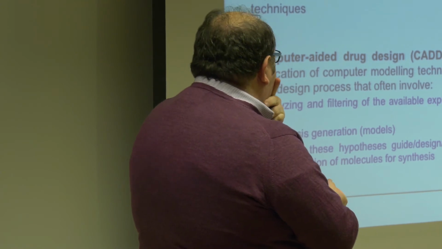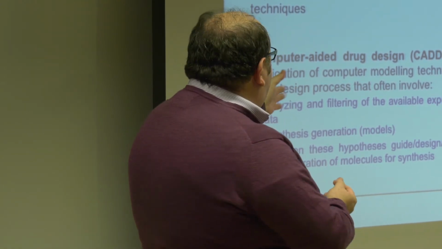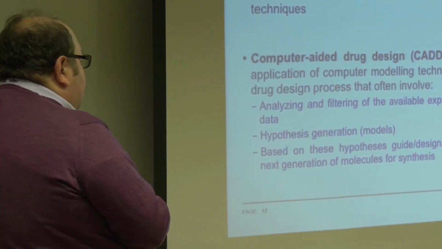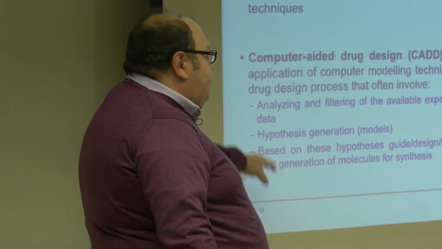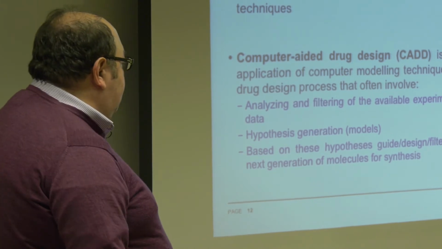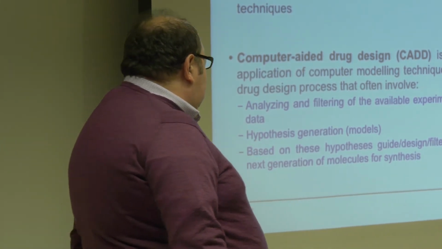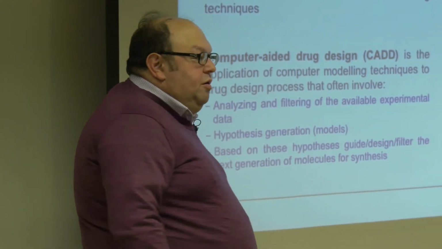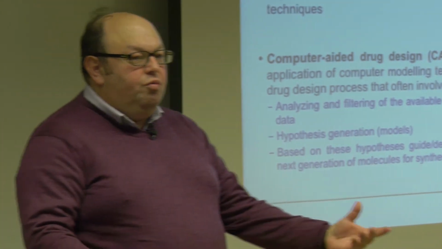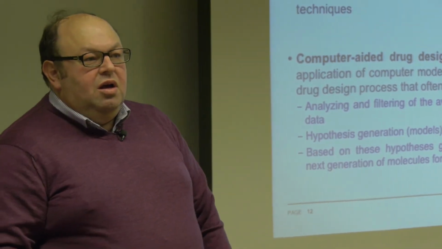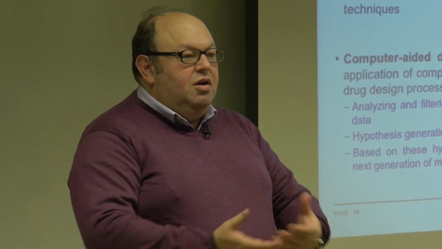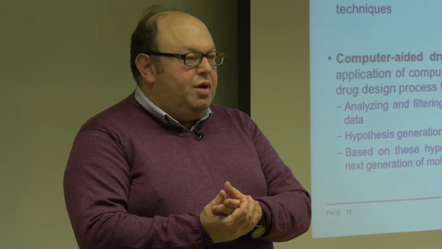Computer-aided drug design is very simple. It's the application of computer modeling techniques, programs, to the drug design process that often involves analyzing and filtering the available experimental data, building some hypotheses, models. Again, the definition of models can be very extended. Models can be hypotheses, and models can be structures that we manage to build.